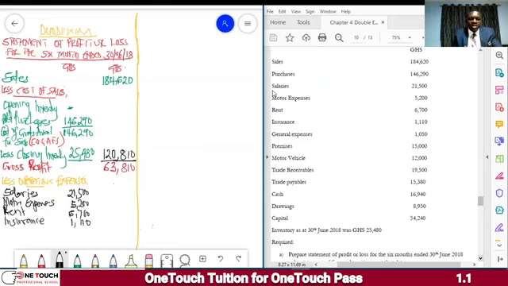We have general expenses of 1,050. Good. So let's see. We have 21,500 plus 5,200 plus 6,700 plus 1,110 plus 1,050. That gives us 35,560.